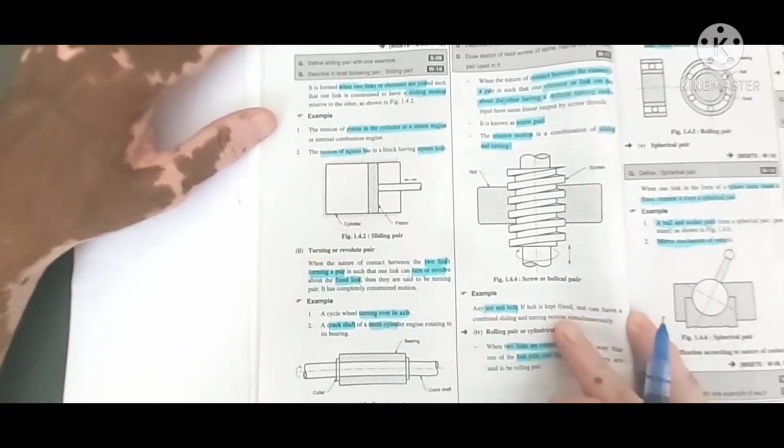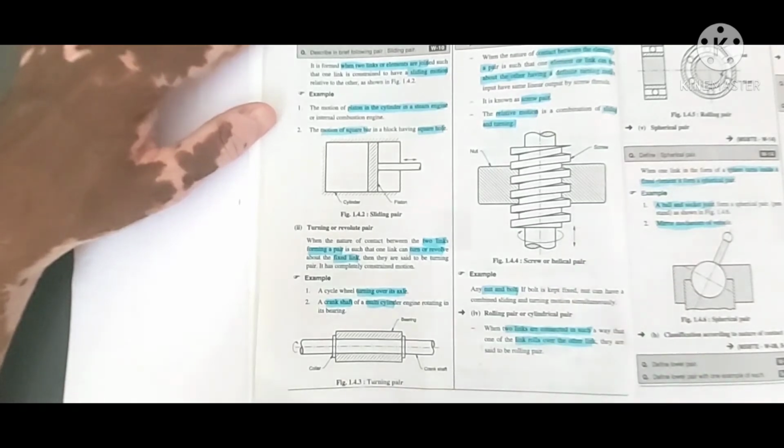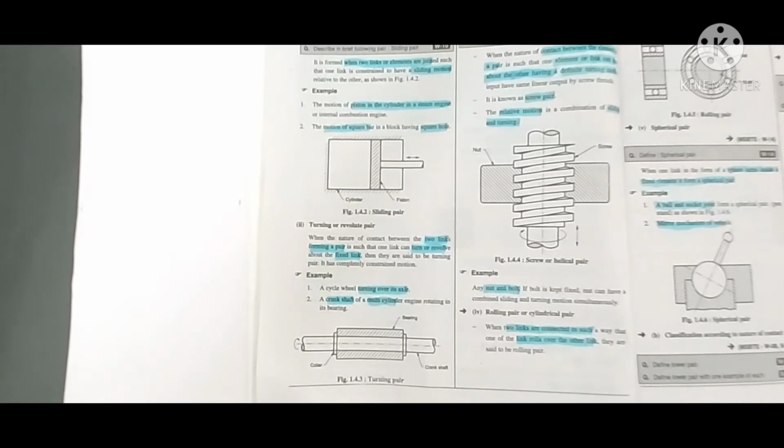Then turning or revolute pair. When the nature of contact between the two links forming a pair is such that one link can turn or revolve about the fixed link, then they are said to be a turning pair. It has completely constrained motion.